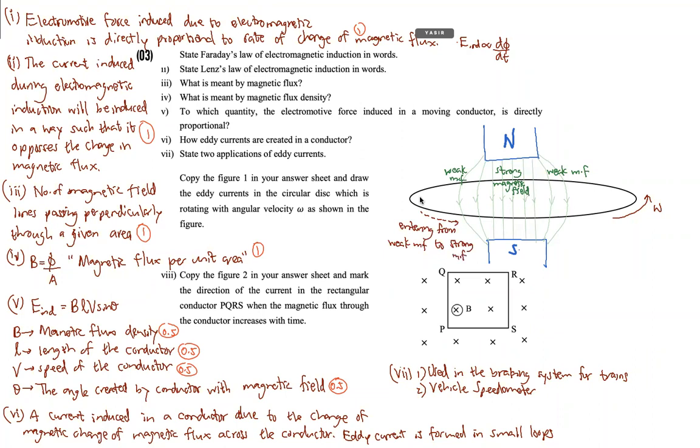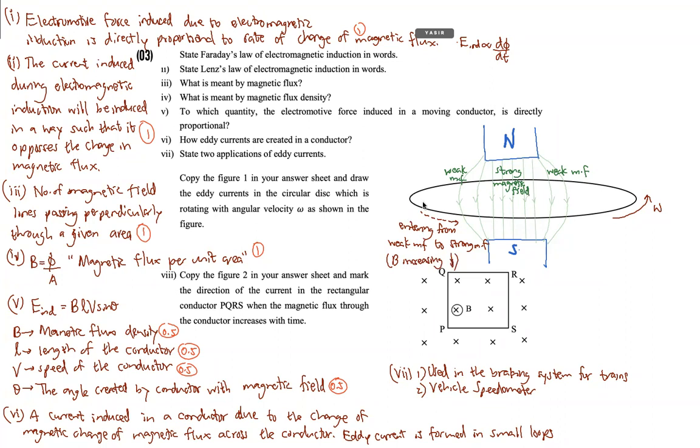Entering from weak magnetic field to strong magnetic field. So if you are entering, that is downwards. In other words, we can say B is increasing how? Downwards, correct? B increasing downwards. Hope you can agree with me on this.